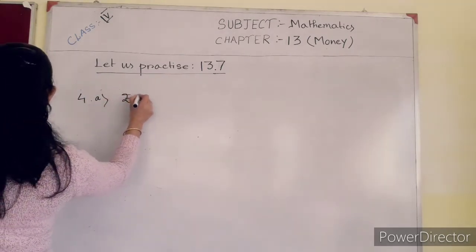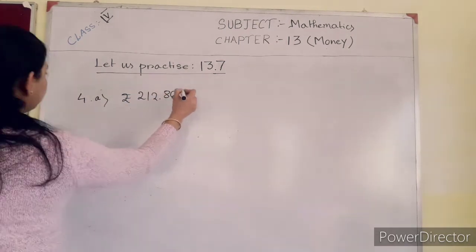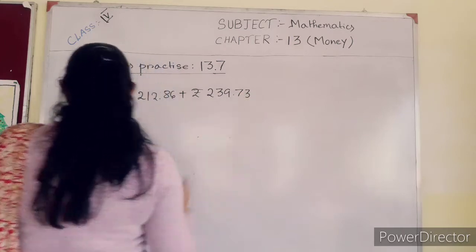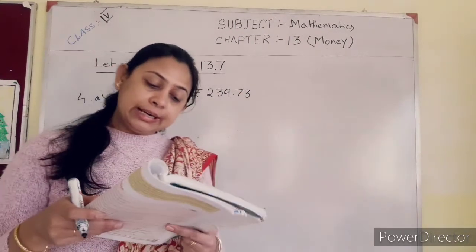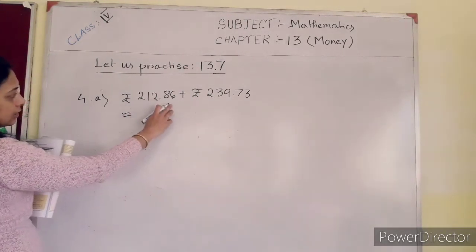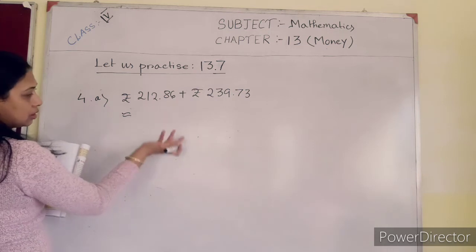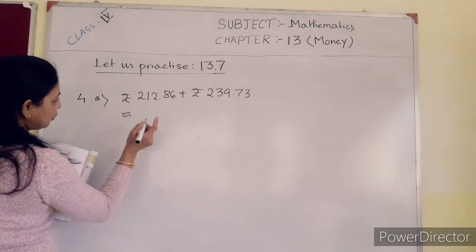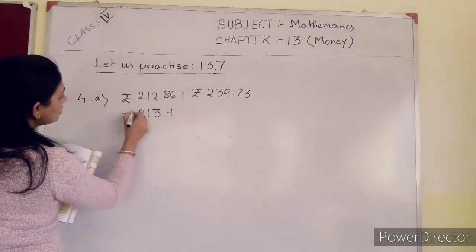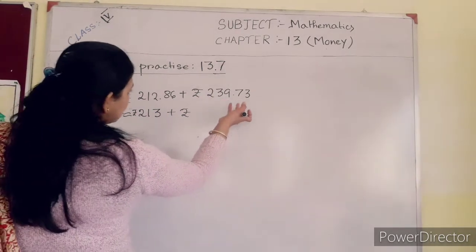Rupees 212.86 plus rupees 230.73. Add 1 rupee with 212, so your answer will be 213. Again, 73 is greater than 50.